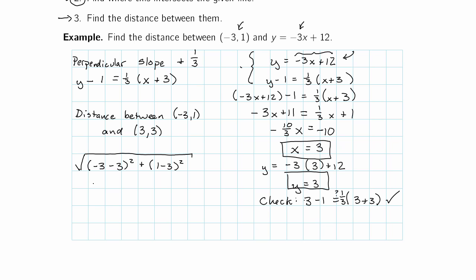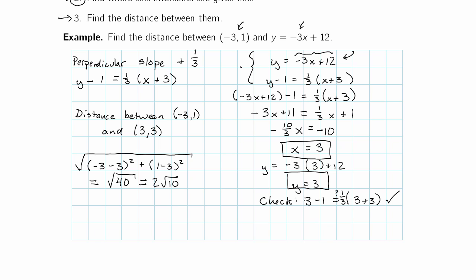Take the square root of the whole thing. This is going to be the square root of 40, which is 2 times the square root of 10. So the distance between the given point and the given line is 2 times the square root of 10 units.